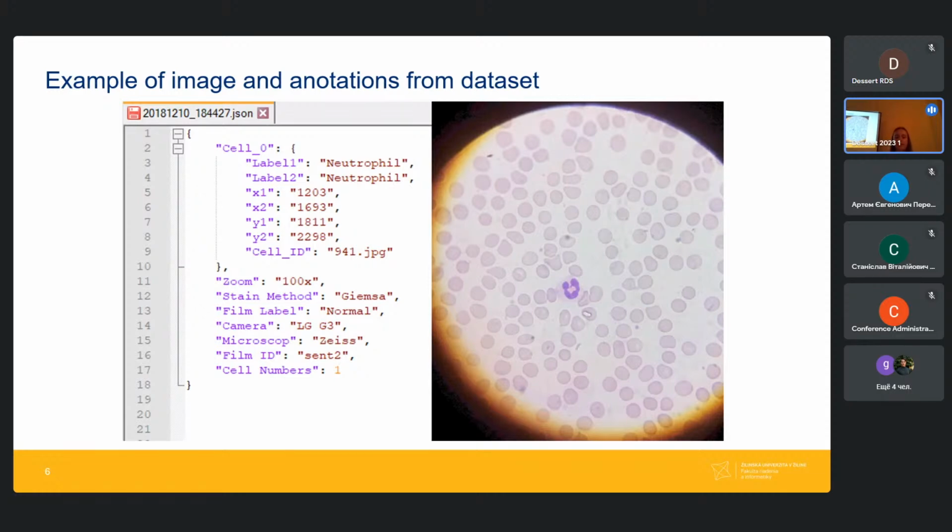The cell is labeled by 2 experts, and they identified the X and Y coordinates of the cell. So it would be used for the verification of the system, whether the system decided correctly if the leukocyte is in this position or not.